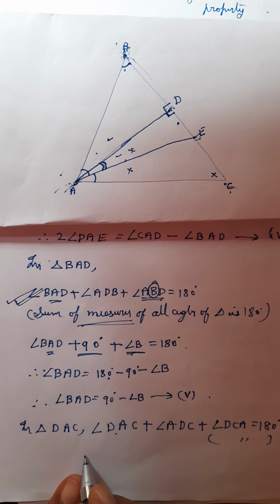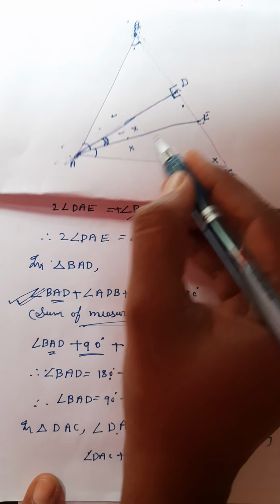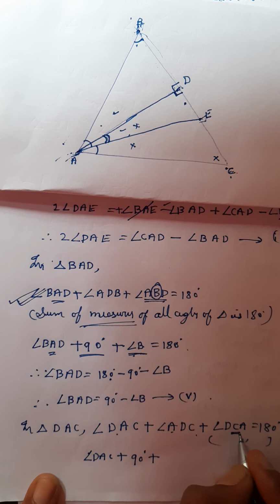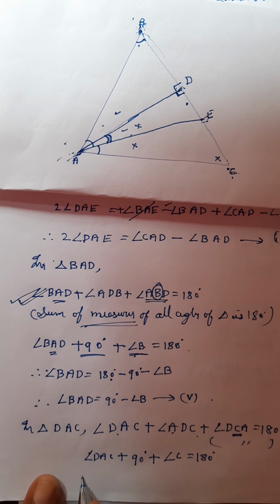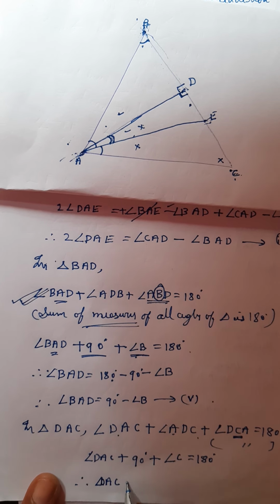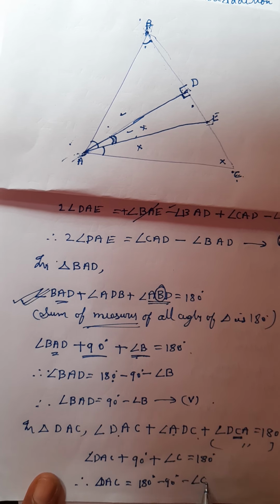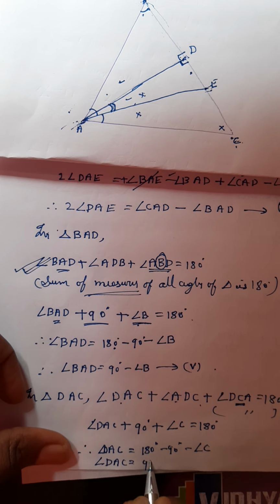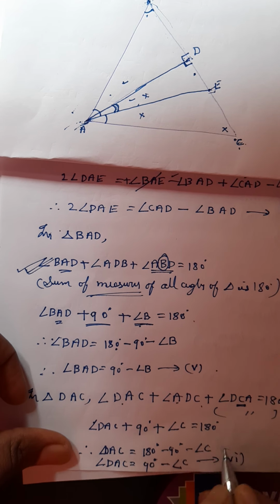And next angle DAC no changes, write as it is, plus ADC, angle ADC is 90 degree plus, instead of DCA I will write only C, that is equal to 180 degree. Same method we follow. DAC write as it is, DAC equal to 180 degree minus 90 degree minus C. So here angle DAC is equal to 90 degree minus angle C. Consider this as equation 6.